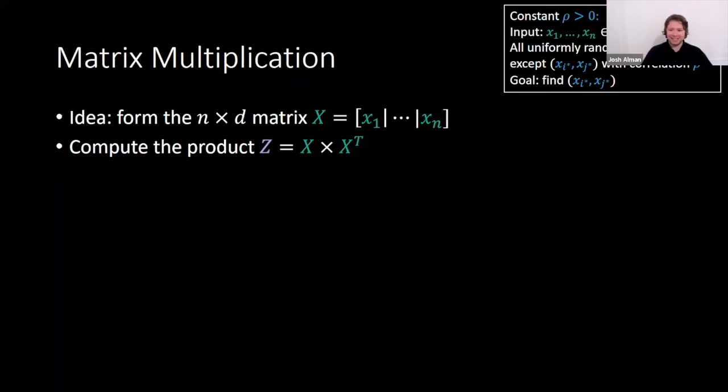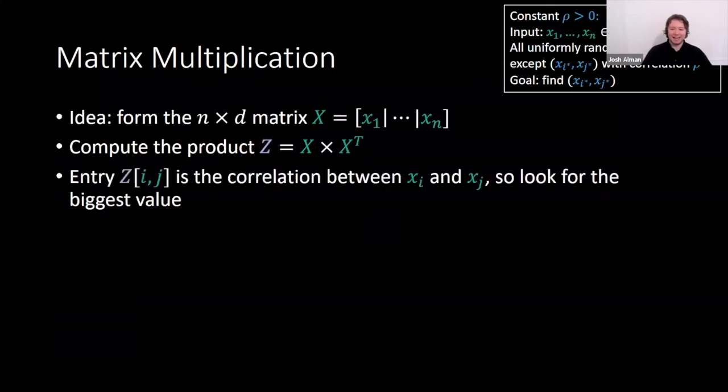Why is this a good idea? Well, the ij entry of this product is exactly the inner product, which gives you the correlation between xi and xj. So in this product, we just want to look for the biggest value, and that will solve the light bulb problem correctly.